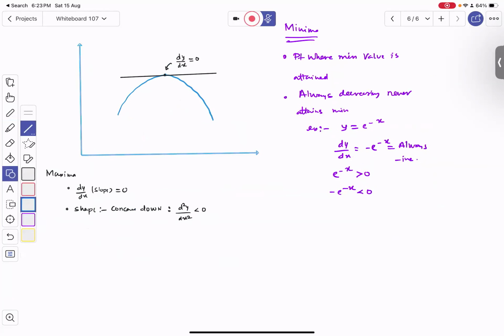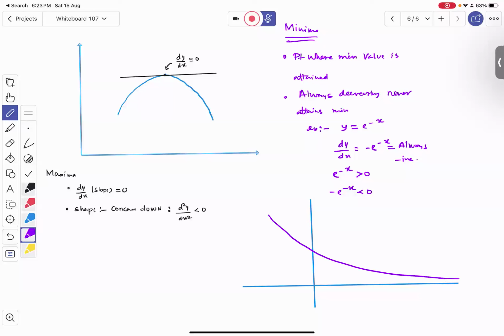And the graph of this one is going to look like this. These are famous graphs, like general knowledge kind of things. Everyone must know. So you see, it is cutting the y-axis at 0 comma 1.